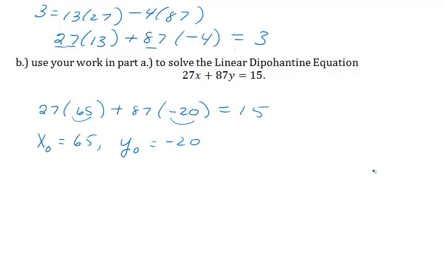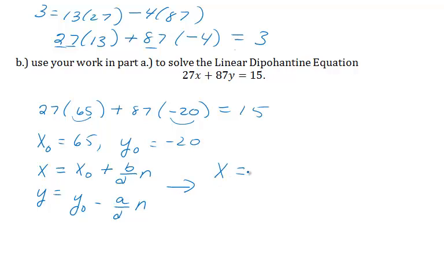So we can use that particular solution plus the formulas we have for all solutions to find the rest. So we have x equals x naught plus b over d times n, and y equals y naught minus a over d times n. Plugging the appropriate values into those formulas, we get x equals 65 plus b, which is 87, over d, which is 3.